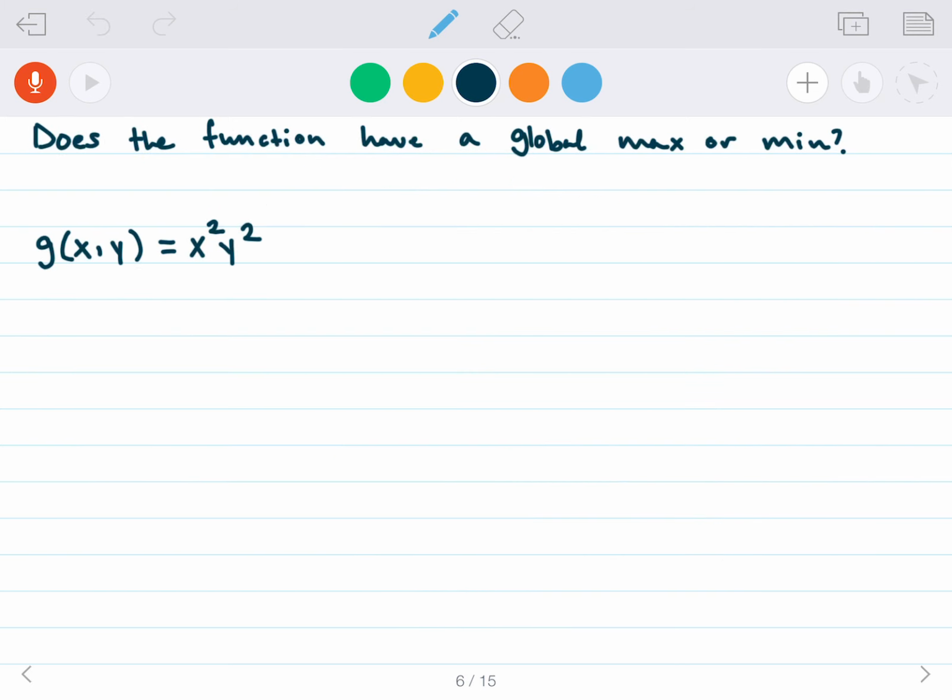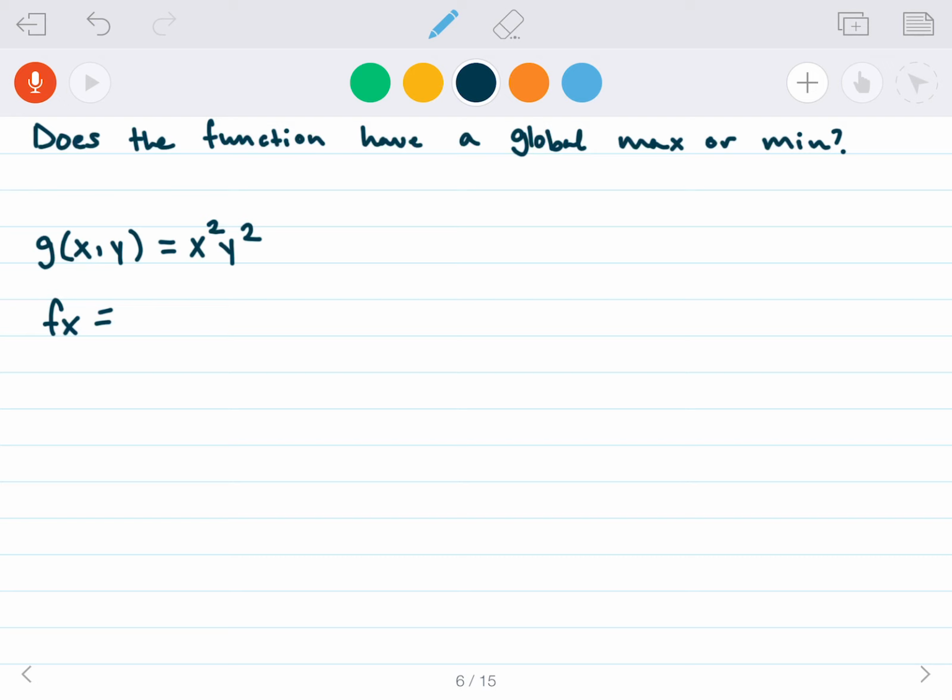Alright, does the function have a global max or min? What we can do here is find the critical point, or critical points if there are more than one, by taking our partial derivatives and setting them equal to 0.